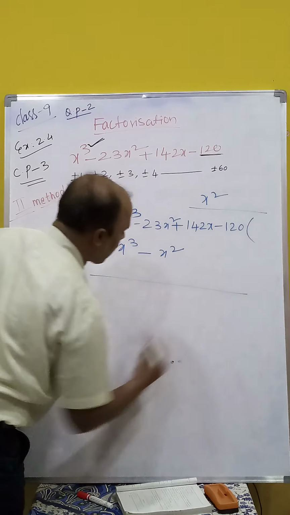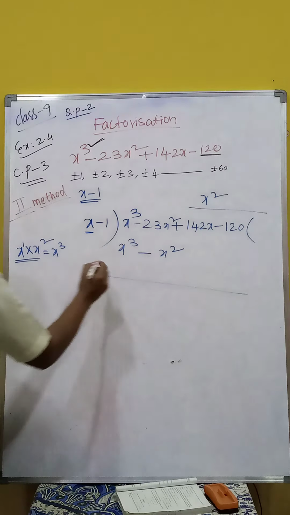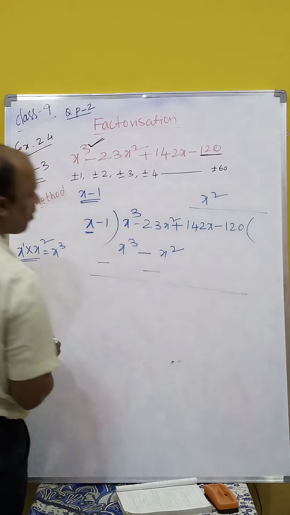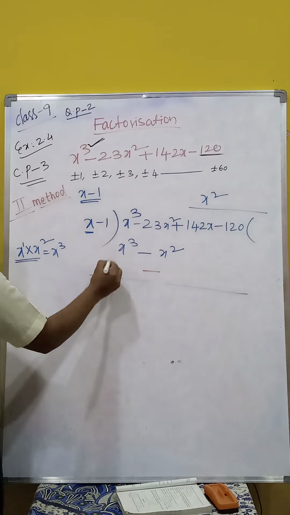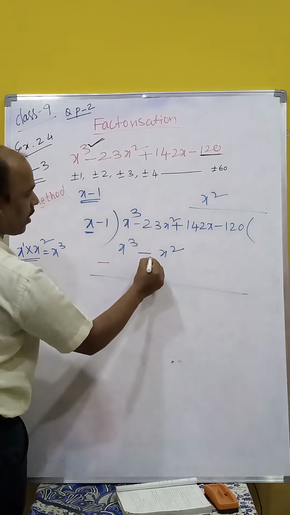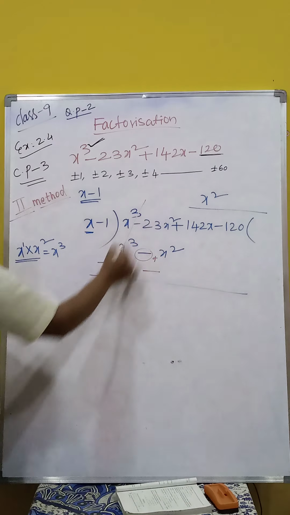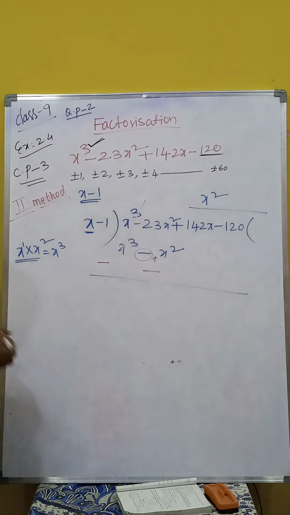Now subtracting this. After subtracting, minus and here also minus. Minus into plus is minus only. Minus into minus will become plus. The first term x cube cancels. What is remaining in the second term?